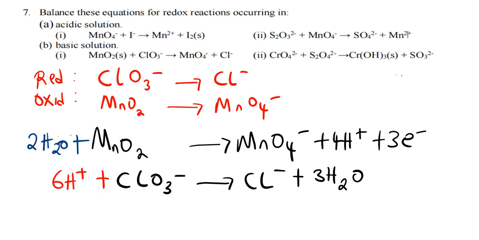What about the electrons? This side I've got 6H plus, this side I've got a minus there, and on the other side I have a minus.